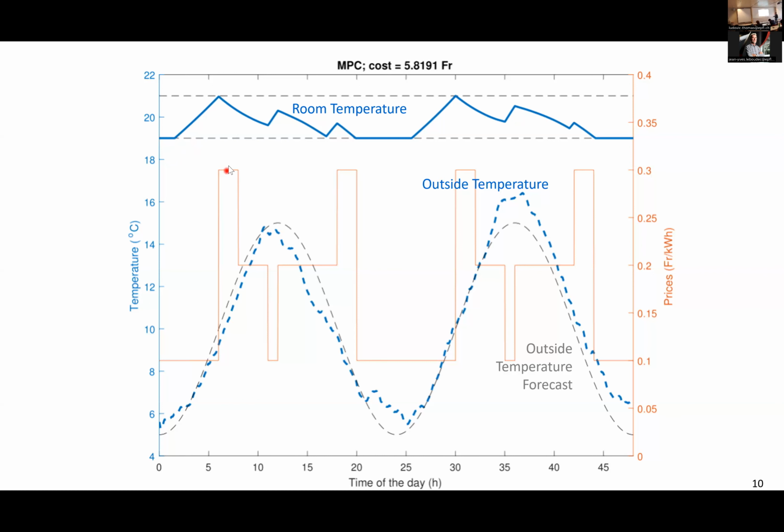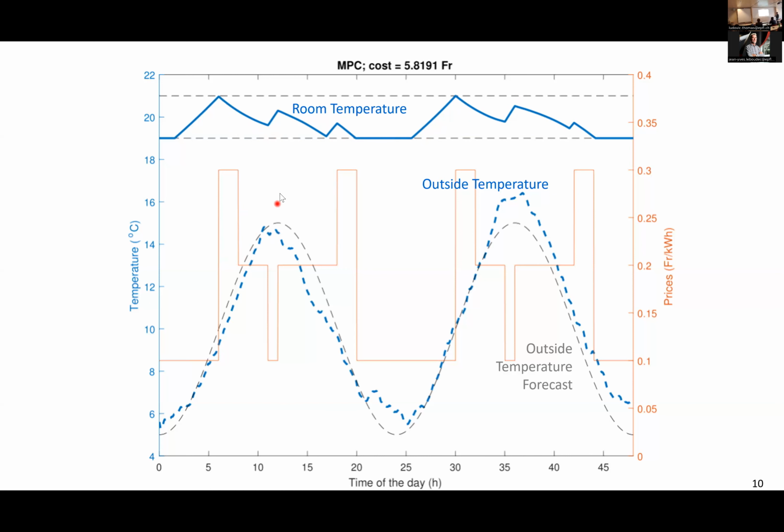So we see that we don't heat. When we see this negative exponential curve, it simply means we're not heating. The heat pump is not working, which is exactly the desired behavior. We're not heating here during the peak hour. And here again, during the second peak hour, we're also not heating. And here we see that we may need to heat even a bit before electricity is expensive, and here the same.